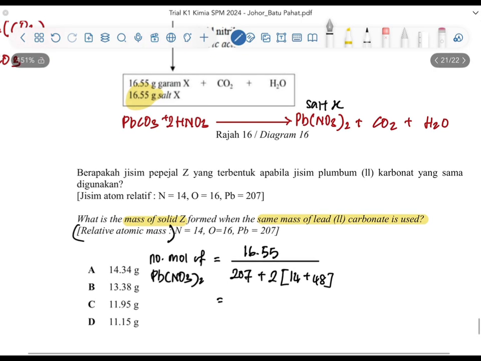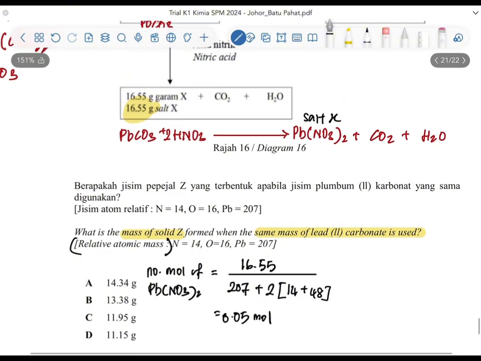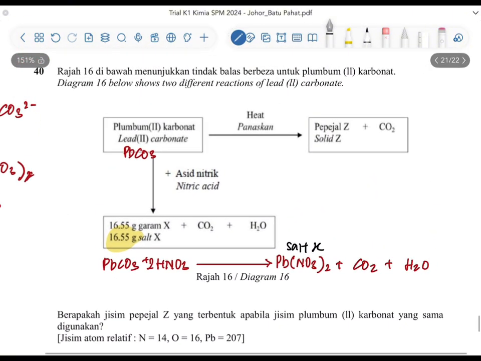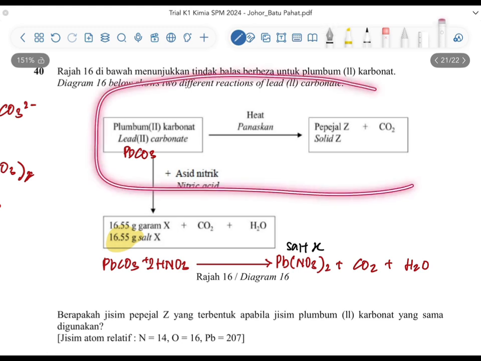So we can calculate the number of mole, which is 0.05 mole.